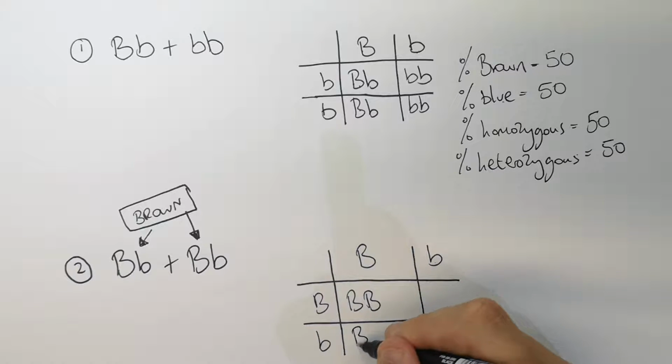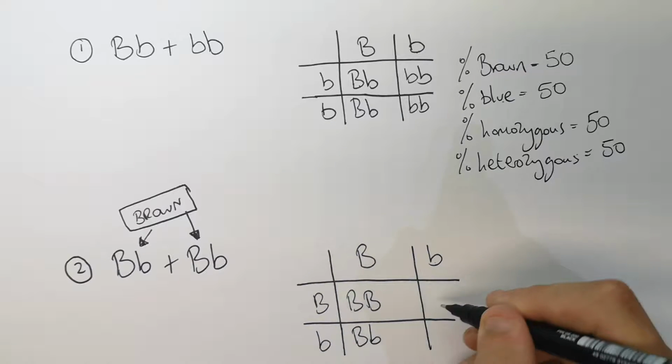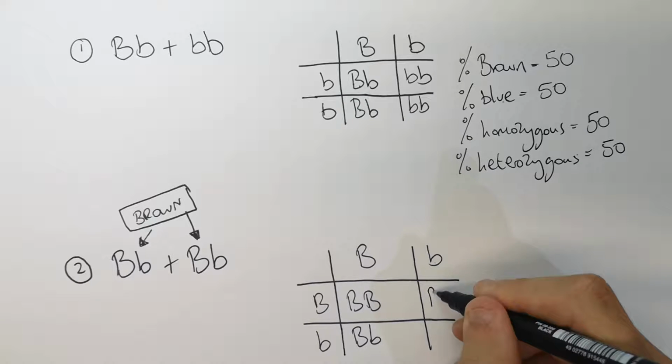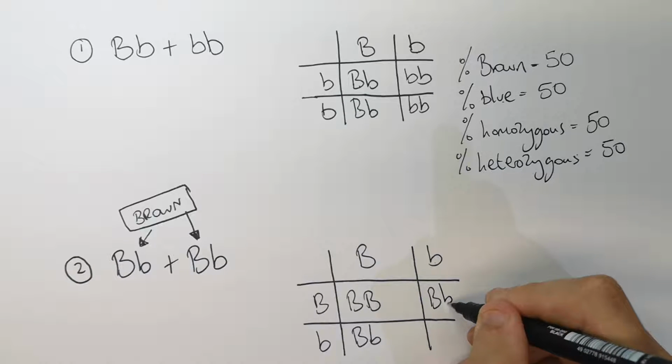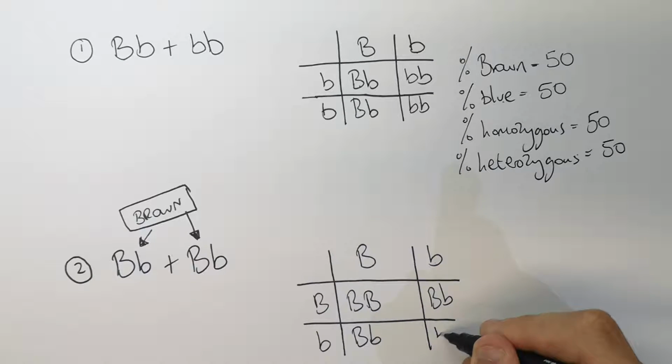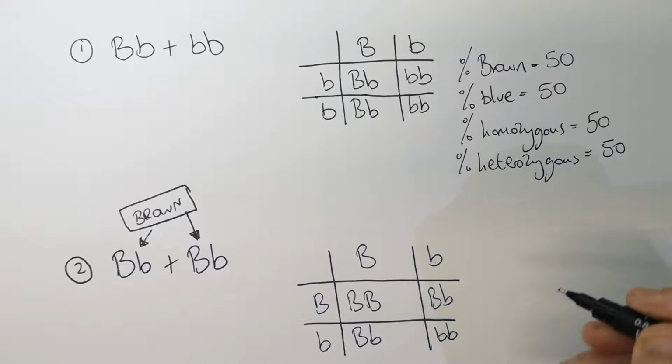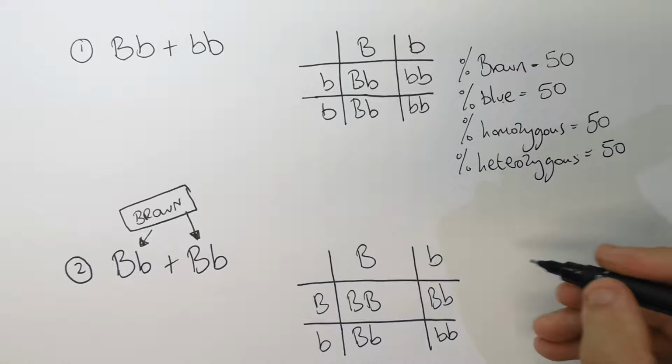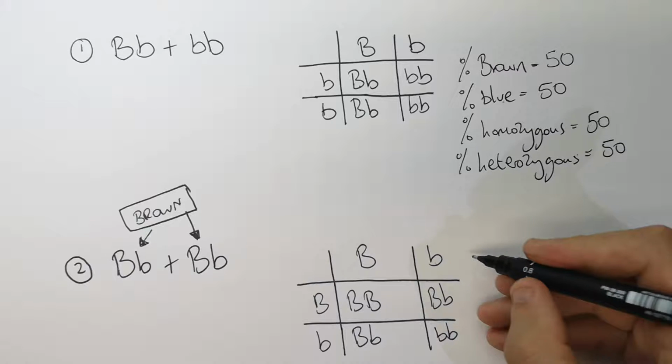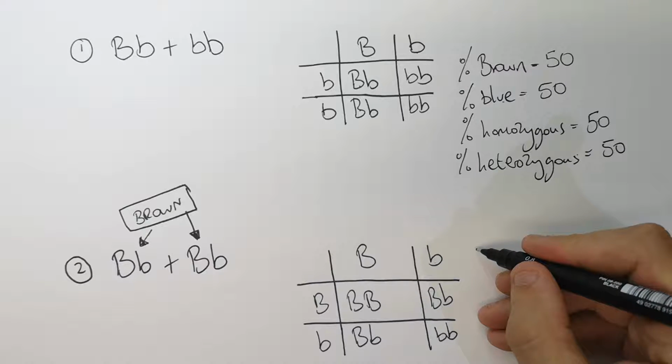So the kid will be brown eyes. In this one, it's big B, little b. In this one here, the mother passed on the big B and the father little b. But in this one here, even though they both got brown eyes, they both pass on their recessive blue allele gene to their child. So you've got 2 brown-eyed parents that are going to produce a 1 out of 4 chance probability of a blue-eyed child.